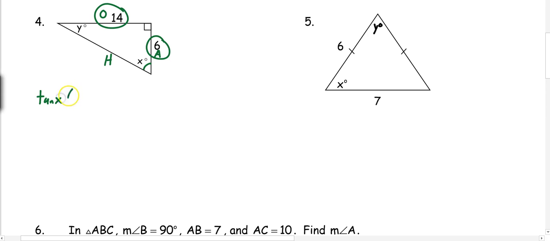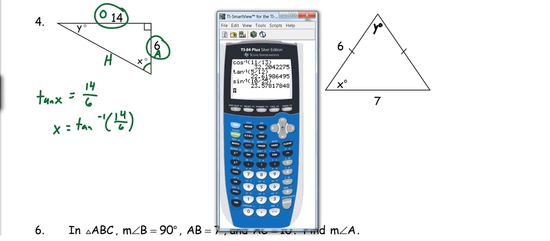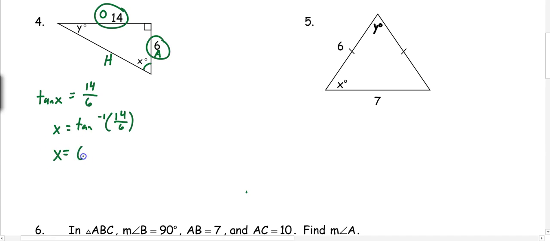So the tangent of x is equal to my opposite over my adjacent. In order to get x by itself, we need to do the tan inverse. So in my calculator, second tan, 14 divided by 6. And that gets us 67 degrees when we round to the nearest whole number.